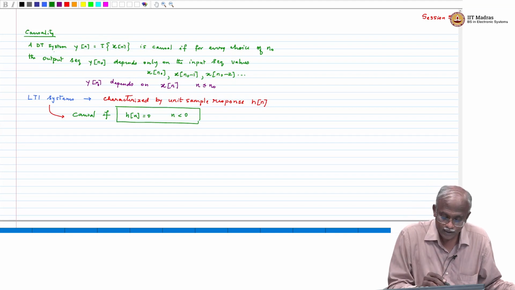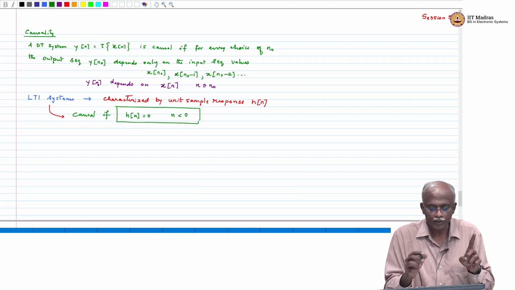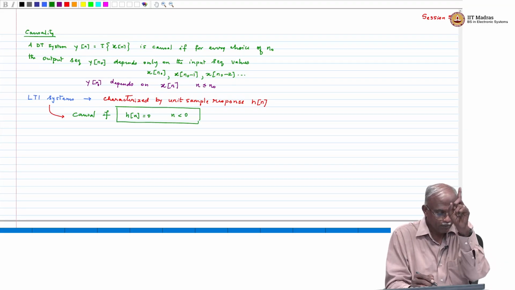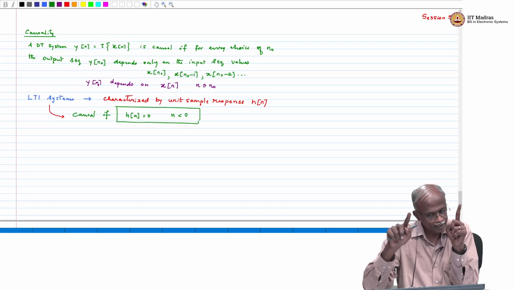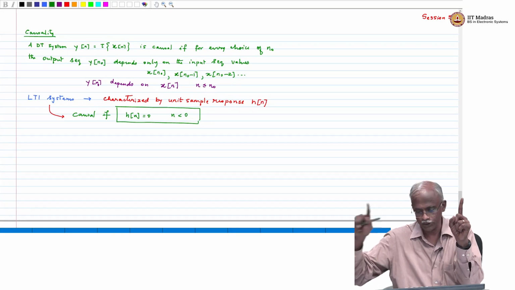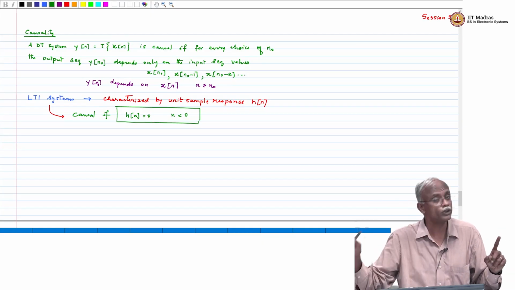Now we said that a discrete time system is causal if the output at a time instant depends only on the input at that time instant or past inputs. It should not be dependent on future inputs.